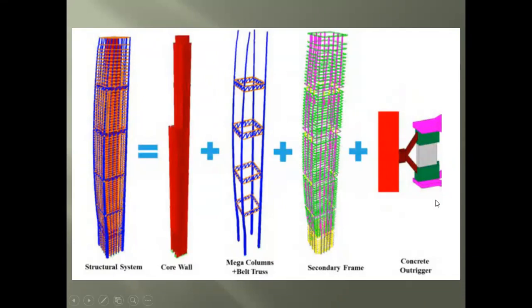And the last one is the concrete outrigger. Previously I told you about belt trusses, which are made from steel, but steel can actually be used in combination with concrete.